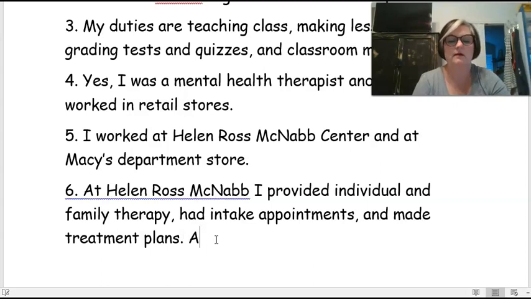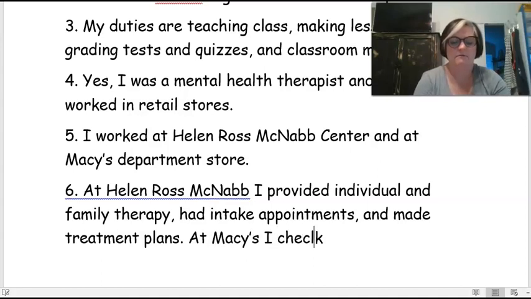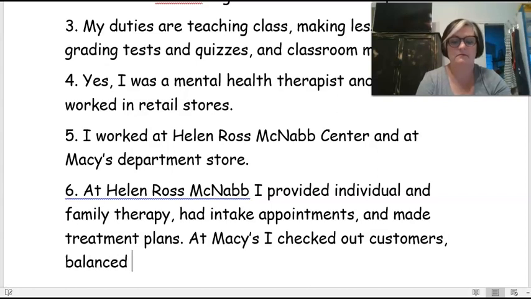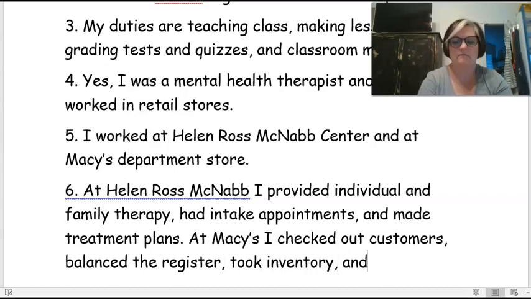At Macy's, I checked out customers, balanced the register, took inventory, and made schedules.